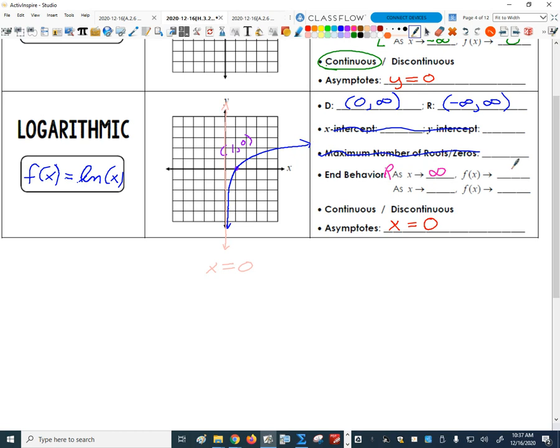It's infinity. There you go. And then what about my left end behavior? As x approaches 0, f of x approaches negative infinity. There you go.